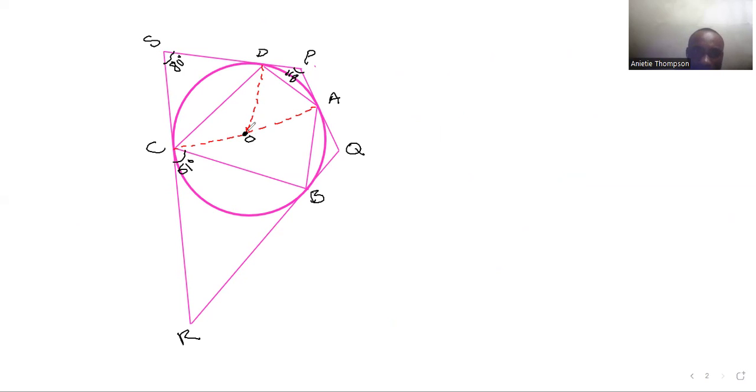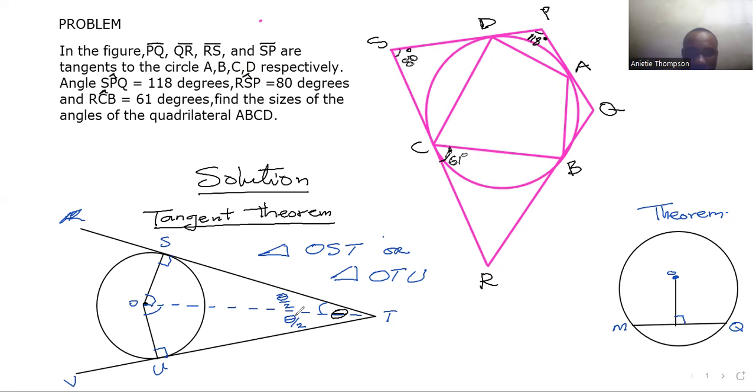While I'm doing this, we have an angle at the external point of the circle, just like we have an angle theta from an external point of the circle. And then we have the radii OS and OU. Don't forget, we have OS equals OU because both of them are radii of the circle.